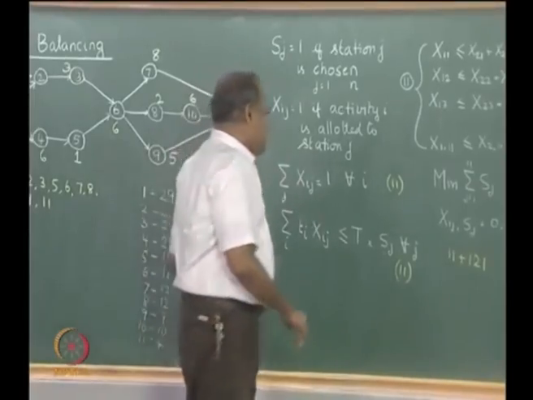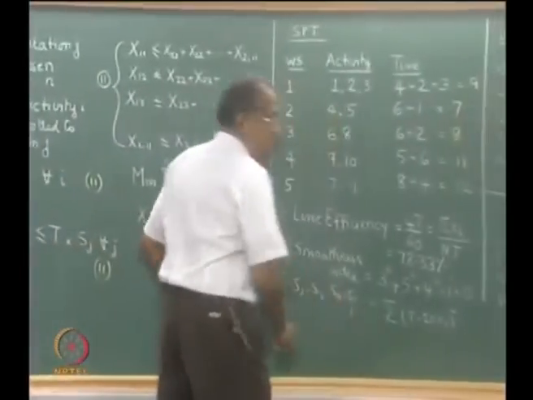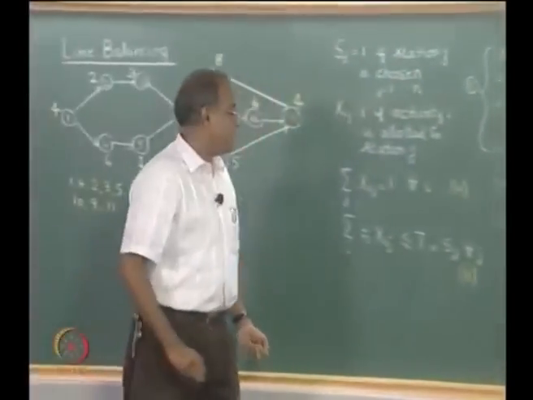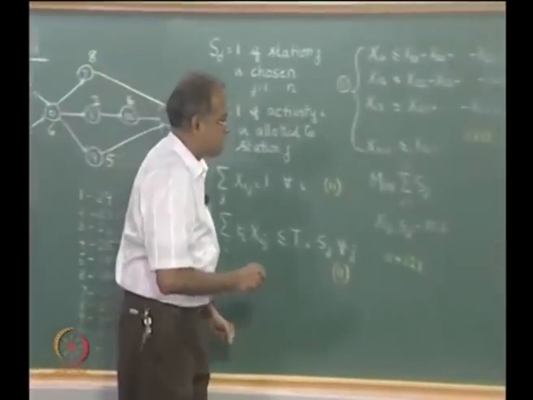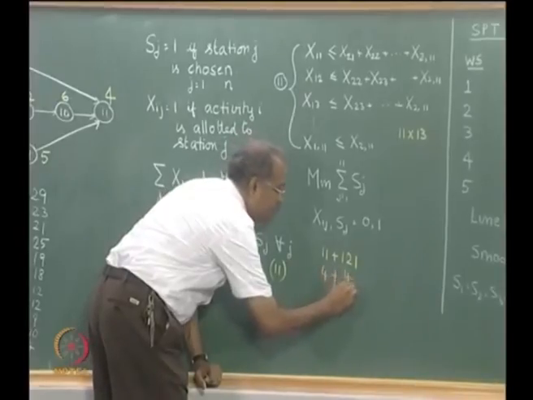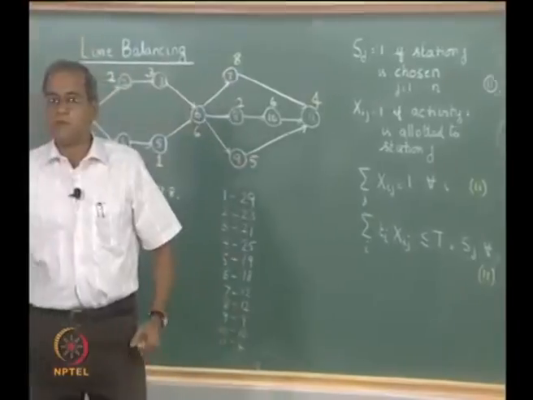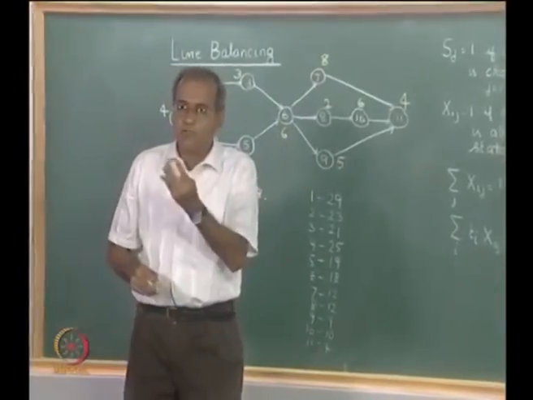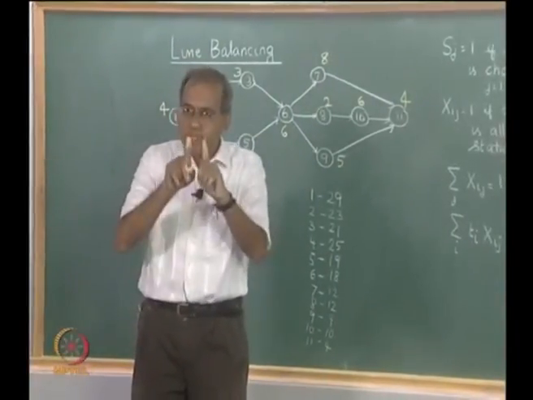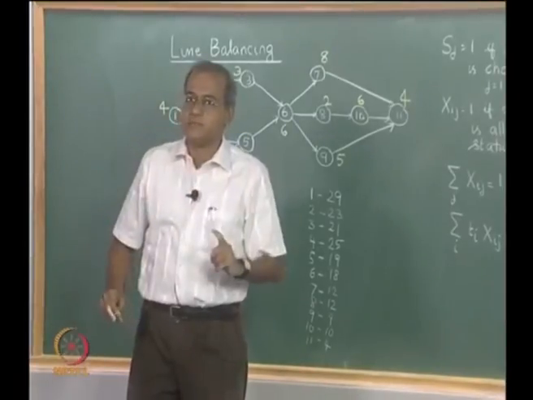So if I try and solve it with 4 workstations, then you can see the number of variables and constraints that I will have. Now if I solve for 4 workstations, there will be only 4 Sj values and there will be 44 Xij values, because each of the 11 activities can be assigned to each of these 4 workstations.